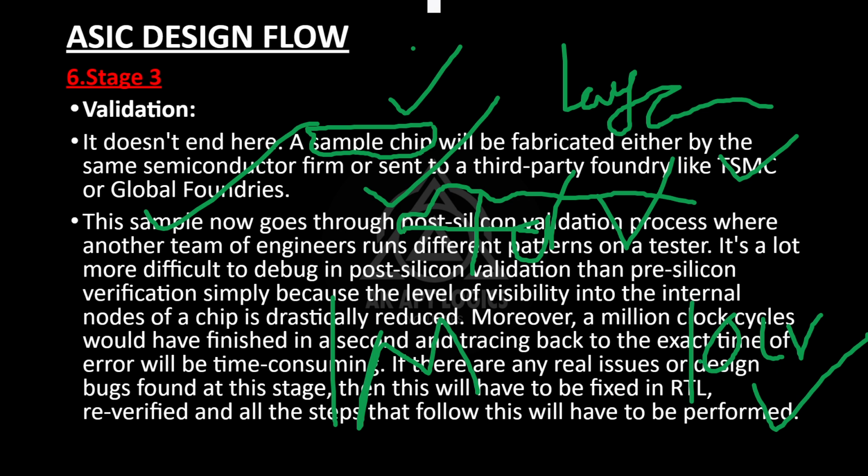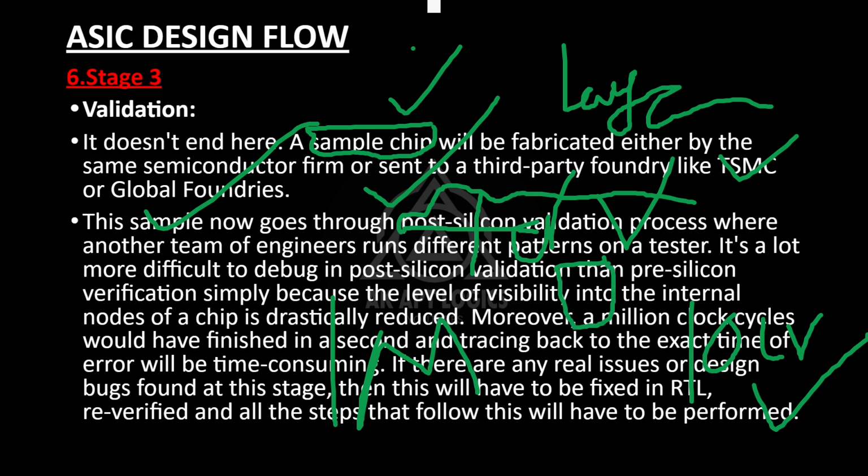If there are any real issues or design bugs found at this stage, then this will have to be fixed in RTL, re-verified, and the steps that follow will have to be performed again. After completion of that particular chip in hardware, testing it will give accurate results.